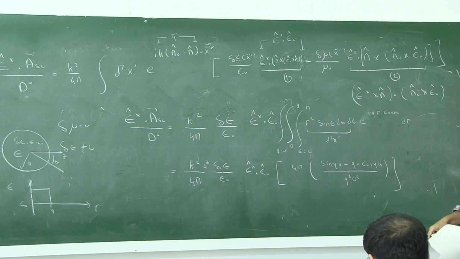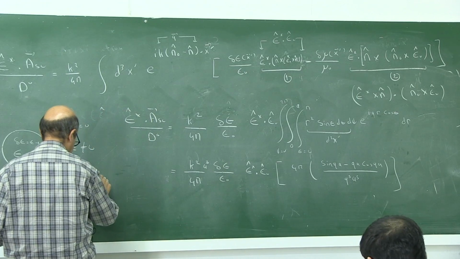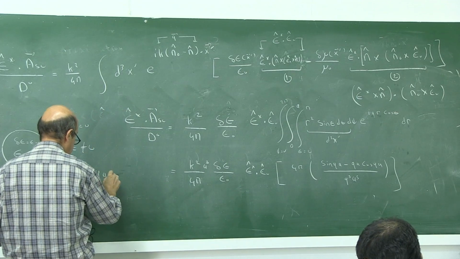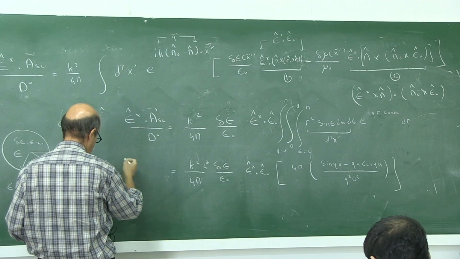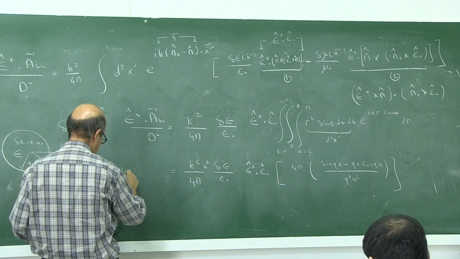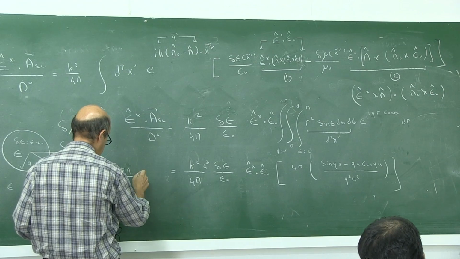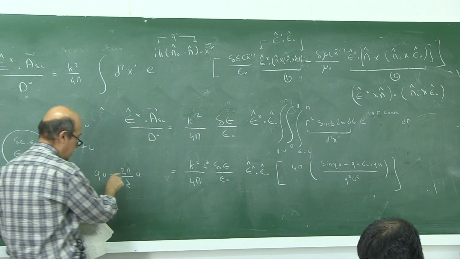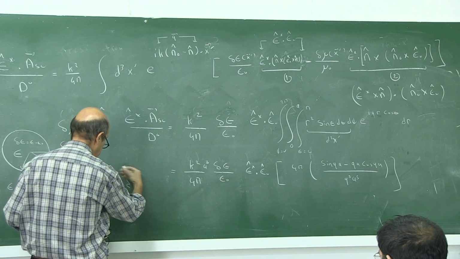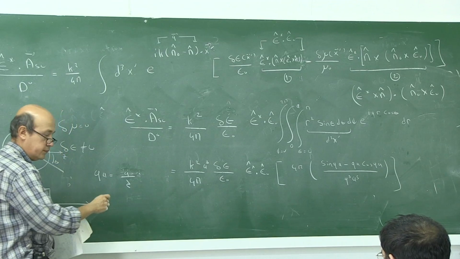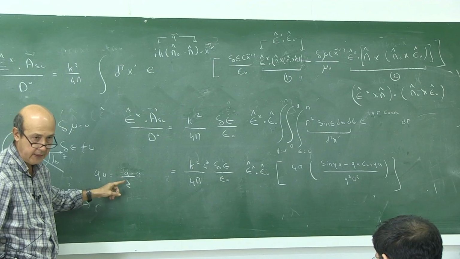So in the long wavelength limit, we are working in the long wavelength limit, qa as a magnitude is nothing but, what is qa? q, k is 2 pi over lambda, is the order, times a. This is the order, or 1 over a is the order. In the long wavelength limit, lambda is much greater than a.